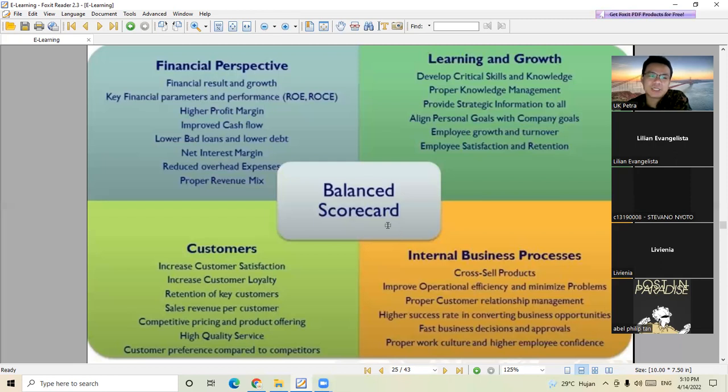They measure each of the components using numbers. For each year, they should have a certain target. For example, for a 5-year plan, for 2022, they should have revenues of 1 million. In 2023, it should increase to 1.5 million, and so on and so forth. So they have values to measure.